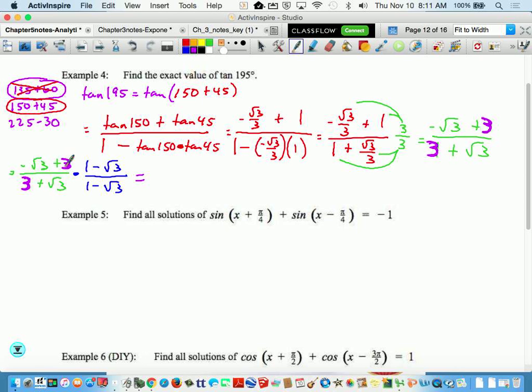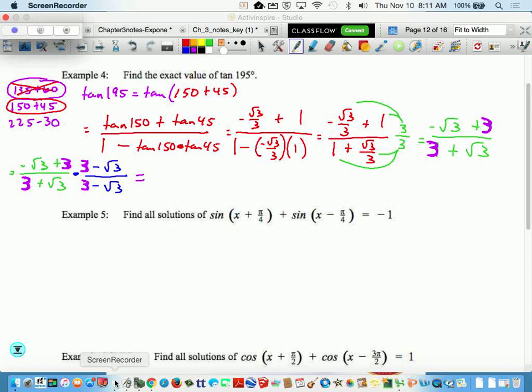My mistake. So now when you go to multiply by this conjugate, this has to be a 3 also. Apologize about that. 3 times 1 is 3. It's okay. See, even I make mistakes. But now you're going to take a moment to try to multiply this all out and simplify it, and then I'll come back and show you the answer.